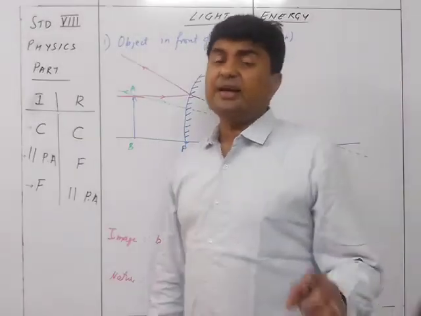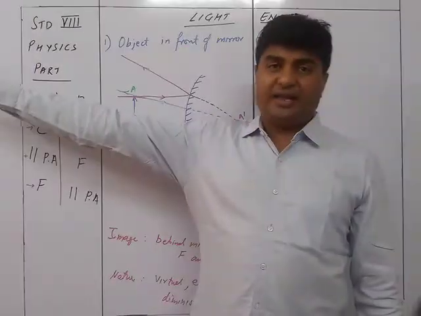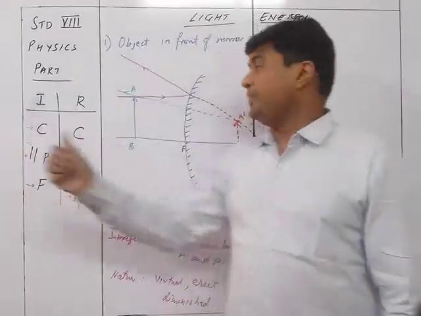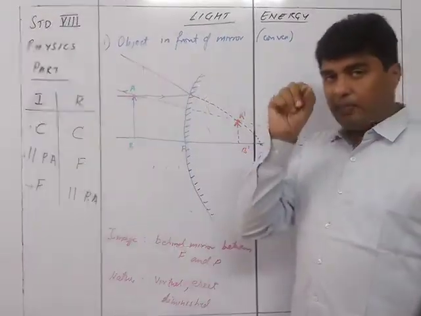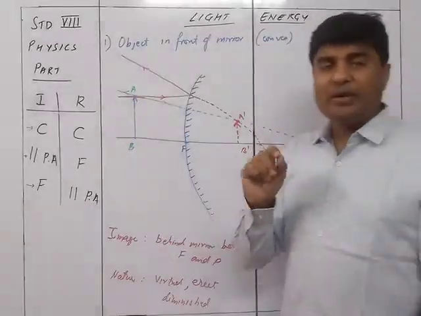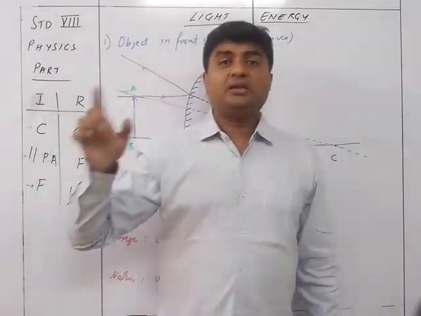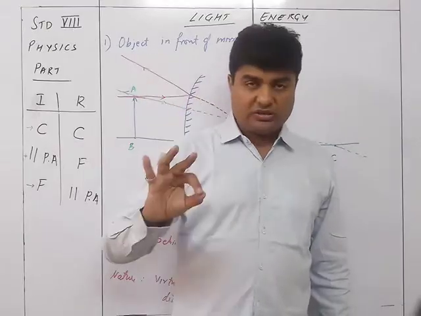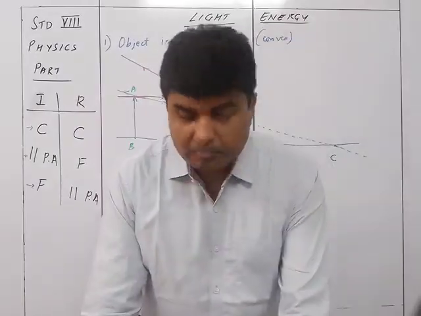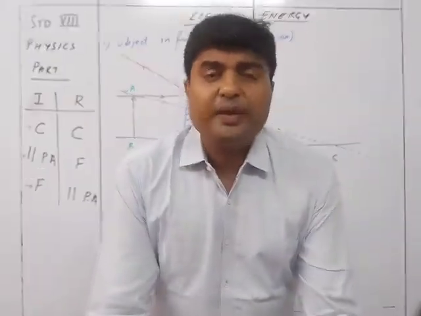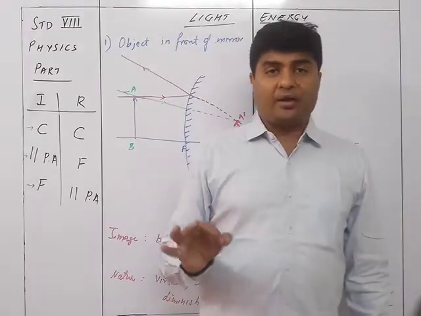The only exception is if the object is at infinity, then the image will be at focus and will be point sized. But all of them will always be virtual and upright or erect.